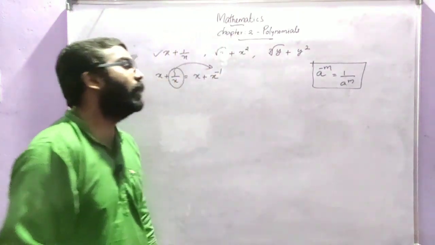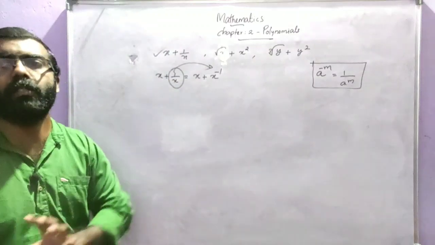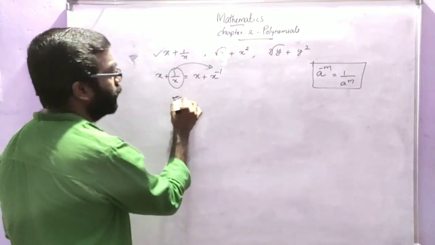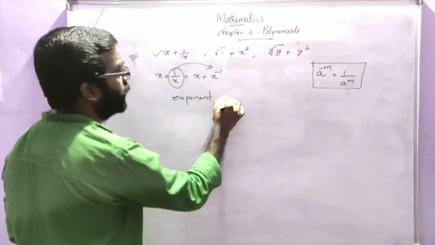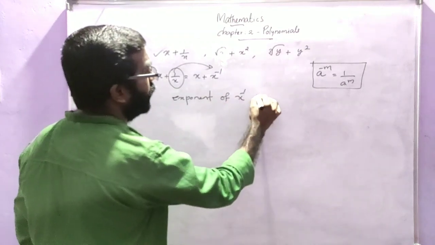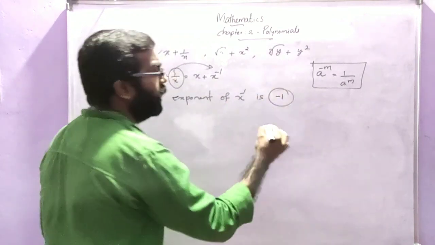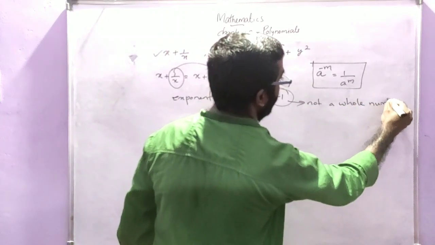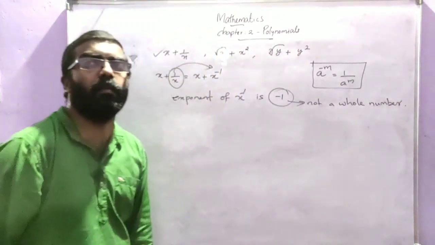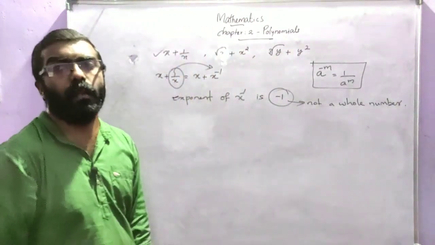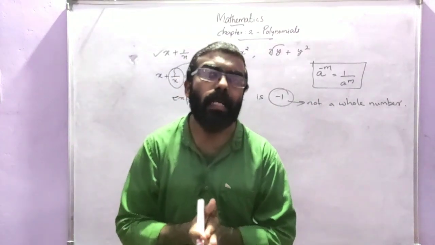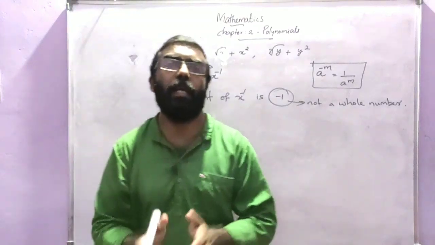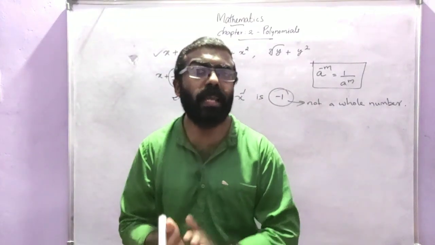Here the exponent of the second term, that is, the exponent of x raised to minus 1, is what? Minus 1, and it is not a whole number. That means this is not a polynomial. In a polynomial the exponent or the power of each and every variable must be a whole number.